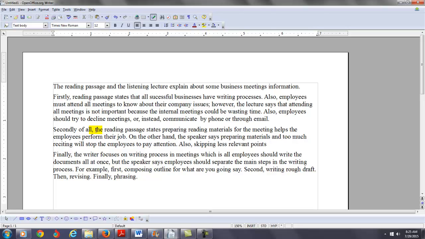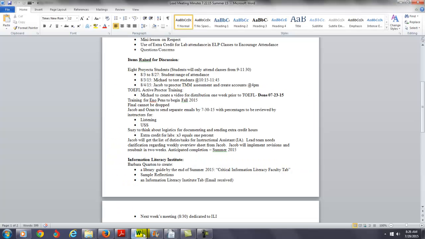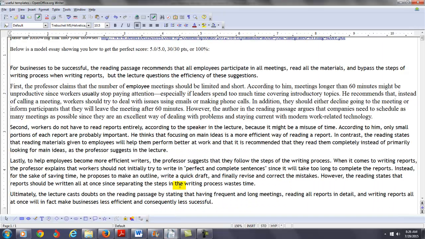You have the reading passage states, probably use the connector here, that preparing reading materials for the meeting helps employees perform their job. Now this is where you're running into trouble here, is you have to be careful.